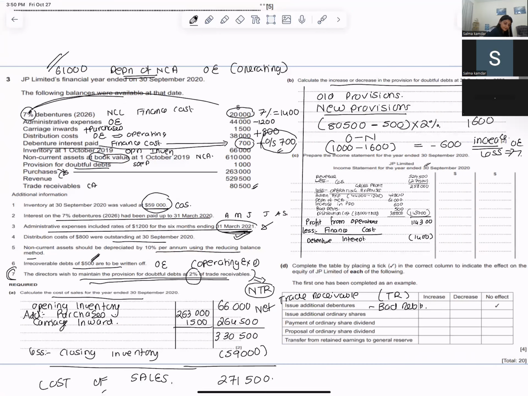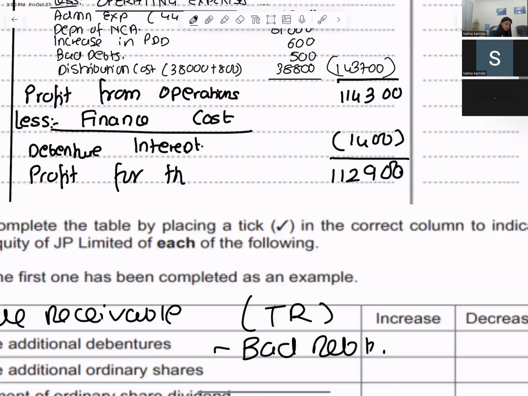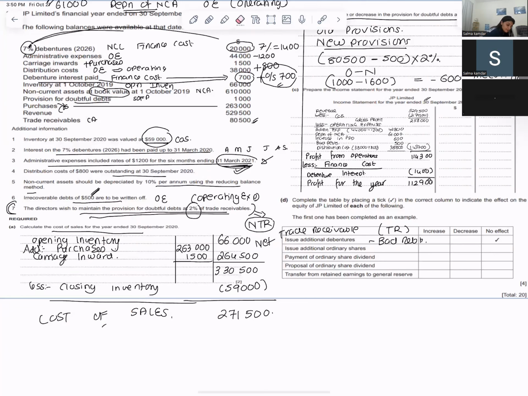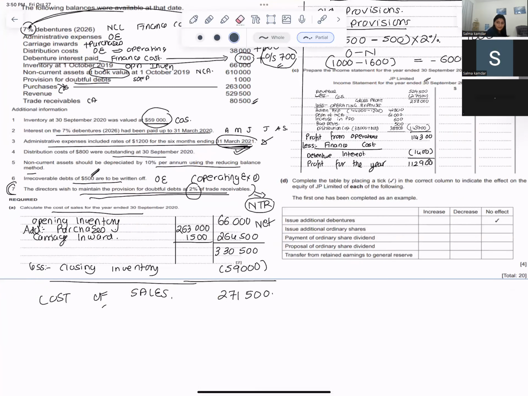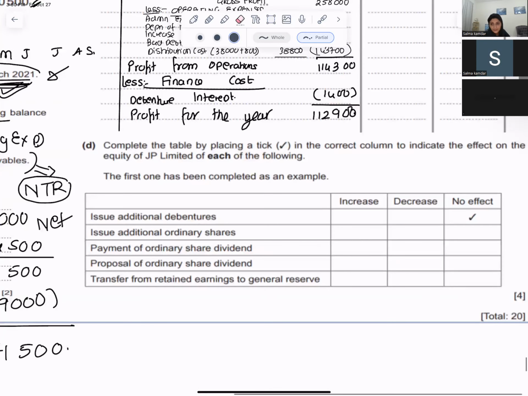Then you minus your debenture interest, you get 112,900, which is your profit for the year. Isn't this profit before tax? But now there's no tax given to you, right? So we just write it.